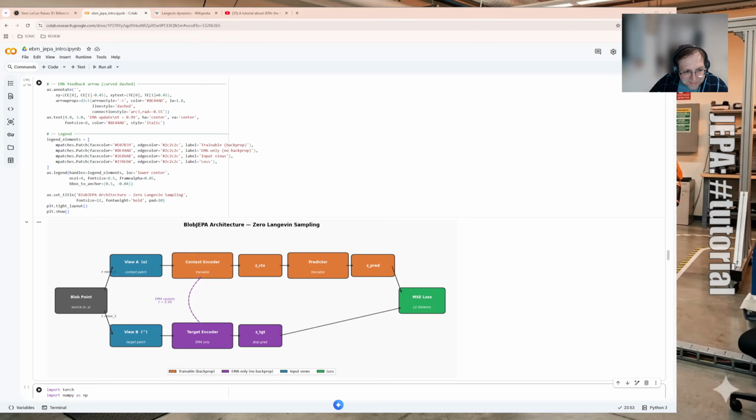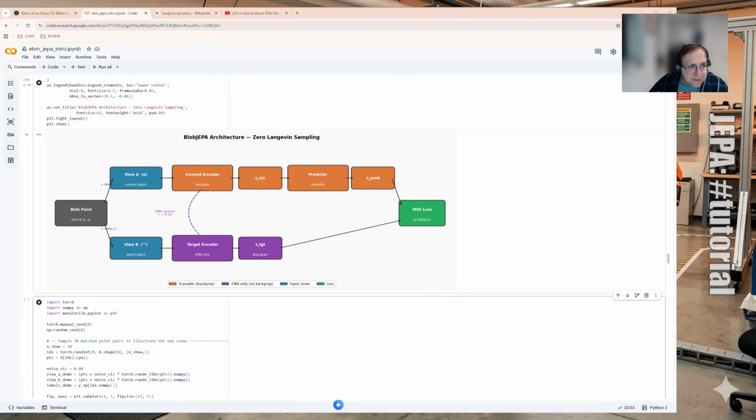This doesn't backprop, but the predictor is trainable, which gives you the Z that you need. The mean squared error loss, which is green, minimizes the squared difference between the predictor and the target. So this is EMA only, there is no backpropagation, and this is your loss function.